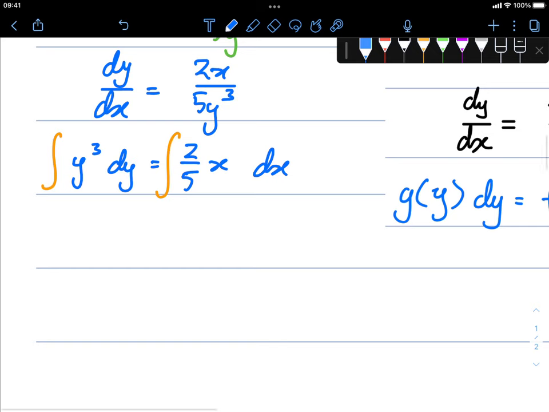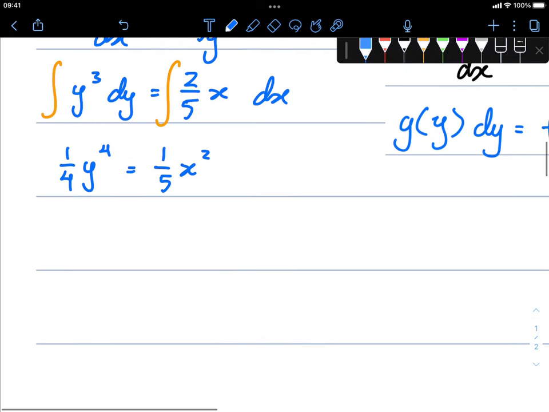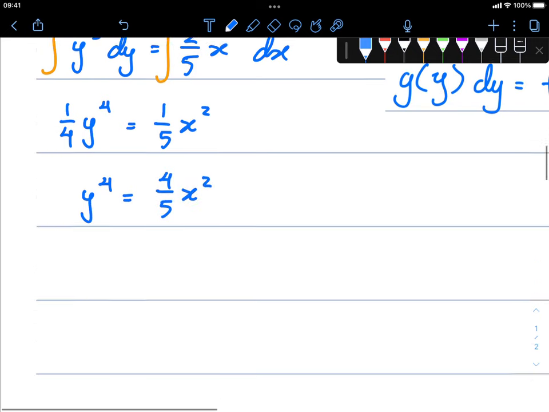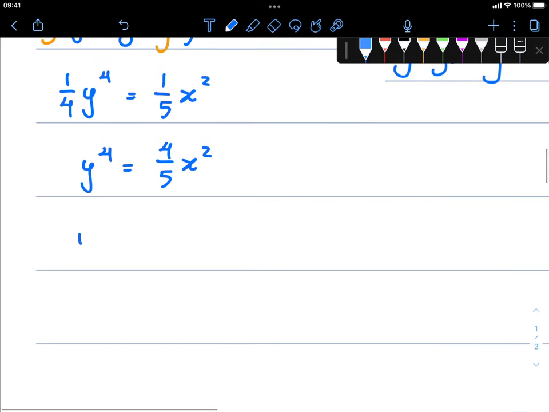So this becomes 1/4 y to the power of 4 equals 1/5 x squared. Multiply both sides by 4. It'll be 4/5 x squared, and we take the 4th root of both sides.